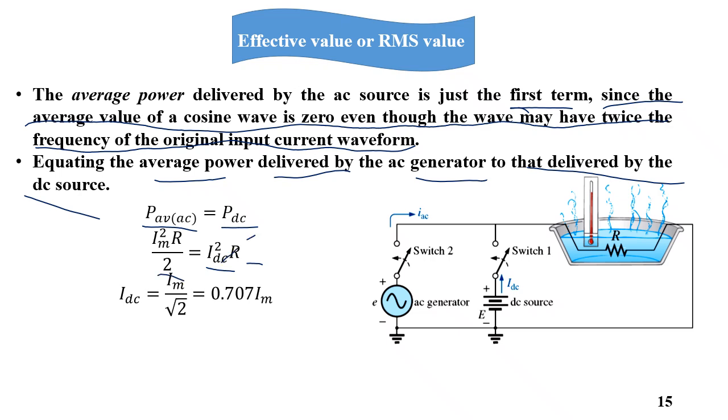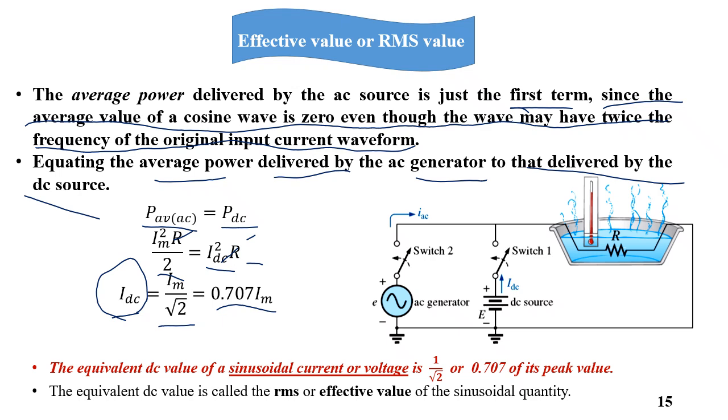We cancel R with R, then I DC squared equals I maximum squared over 2, or I DC equals I maximum divided by root 2, or 0.707 I maximum, which is the effective value or the root mean squared value for the AC quantity. The equivalent DC value of a sinusoidal current or voltage is 1 over root 2, or 0.707, of its peak value, which is the maximum value.